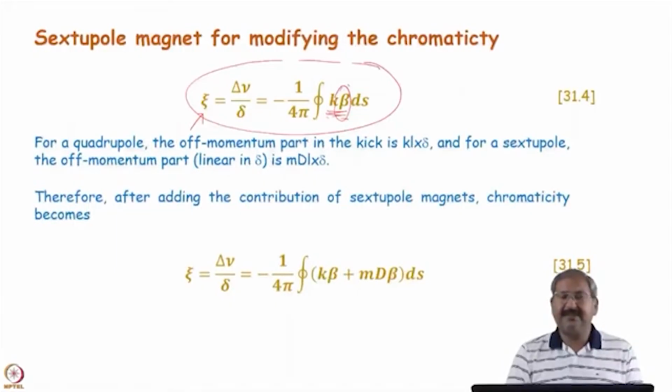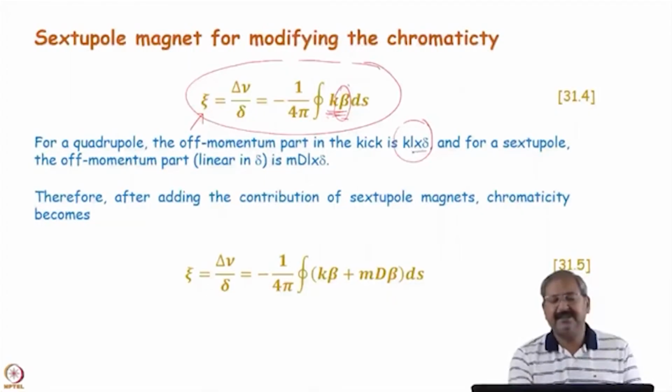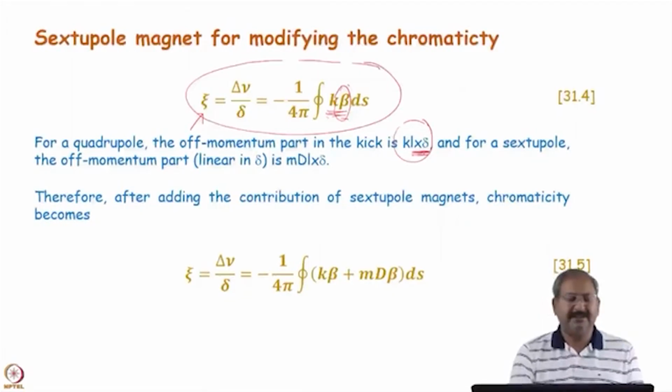Now we have seen that in the case of quadrupole, the kick for the off momentum particle was KLX delta. Means kick proportional to x into delta. And for a sextupole magnet, this kick was MDLX delta.